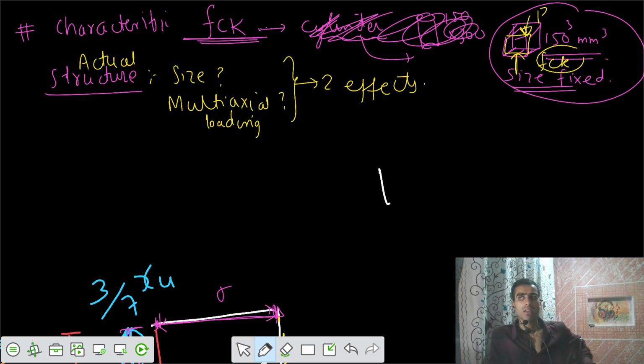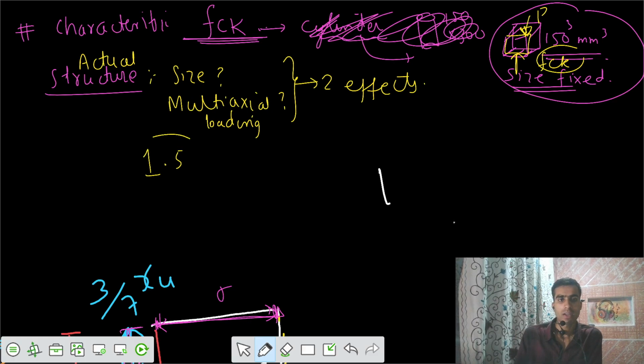If FCK compressive strength is, let's say, 40 megapascals, we won't get exactly the same strength in the actual structure because of the size effect, and there won't be only one direction of stresses, there might be multi-axial loading, a combination of different loadings in the actual structure. So that's why we have one more factor of safety, that's 1.5, applied on the design strength.